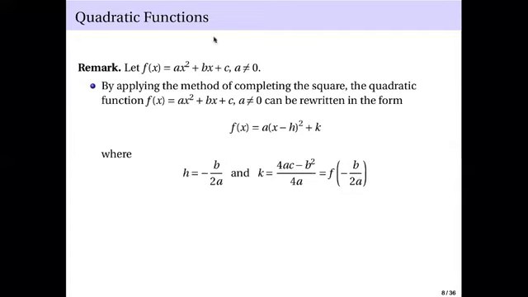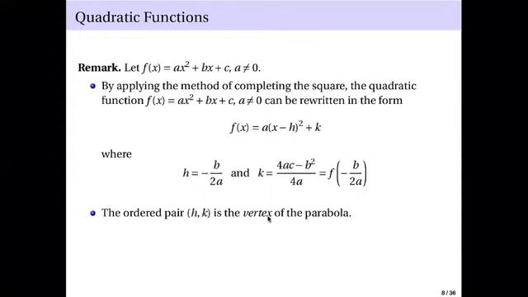So every quadratic function, you can write it in this form. So you will be able to determine immediately the vertex, okay? Because that ordered pair h comma k is the vertex of the parabola.